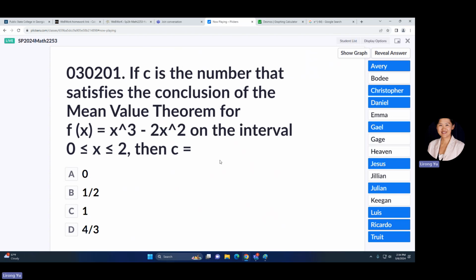The derivative equal to 0. Or you can graph it. If you graph the whole function between 0 and 2, you can see where the tangent line is horizontal.